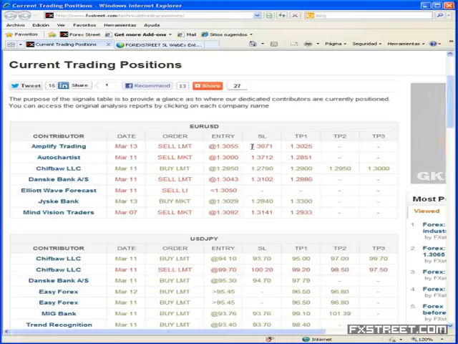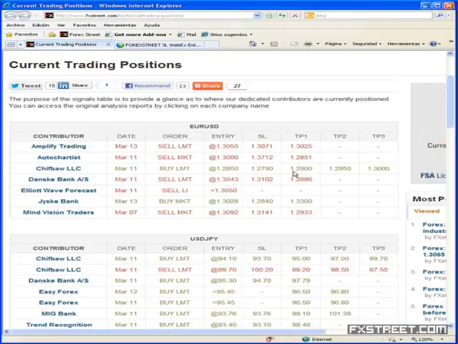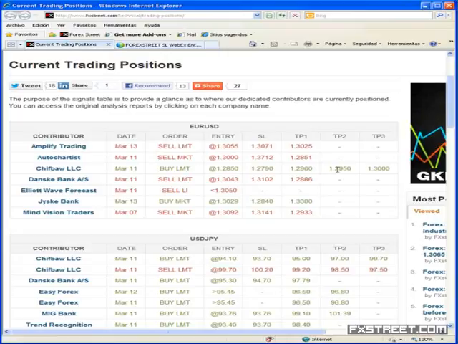And to the right, we have the associated stop loss levels and take profits if available. If they are not known, the field will appear blank, and if there is more than one take profit level, it will be mentioned. As in this case, by Chief Paul LLC, we have this buy limit order containing 3 take profit levels.